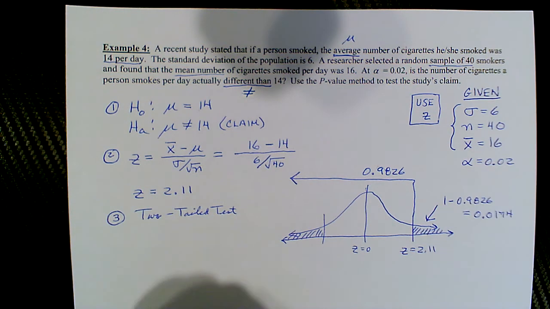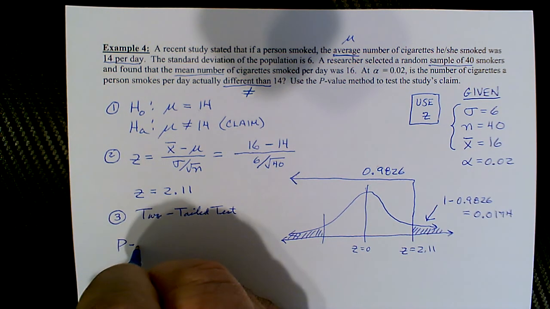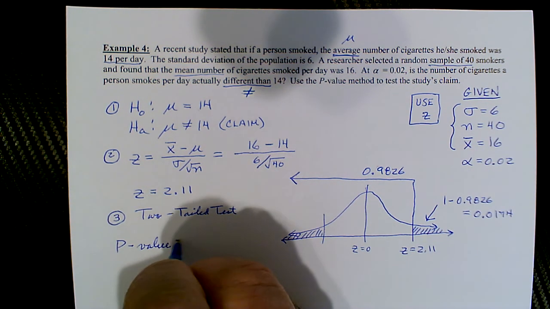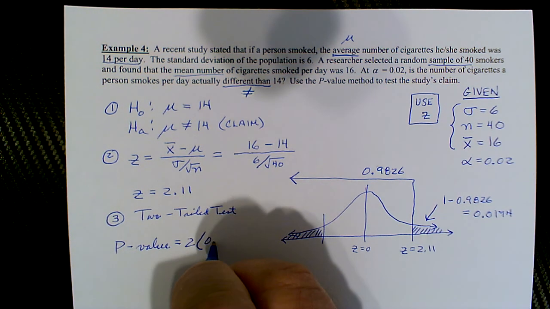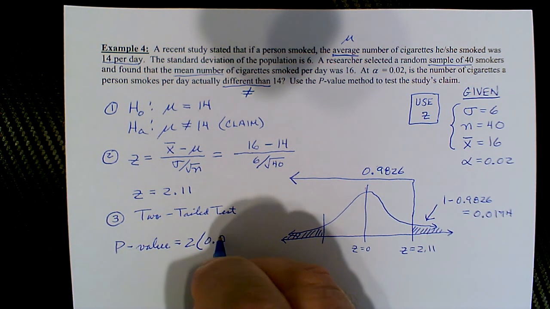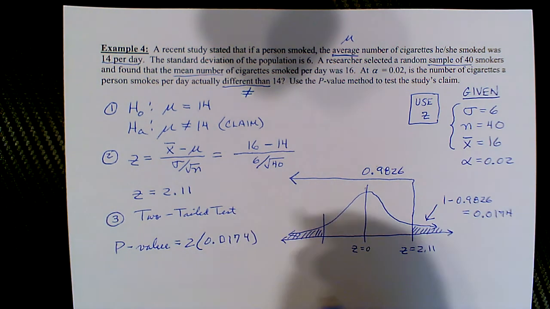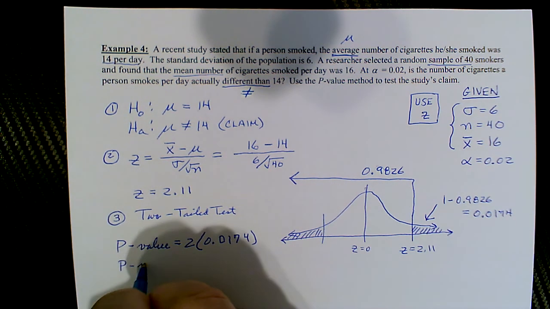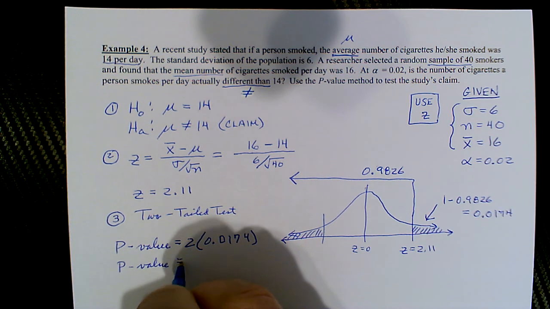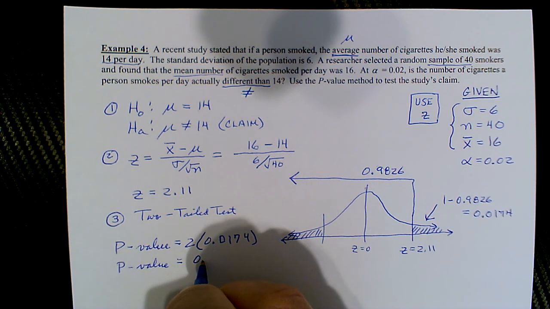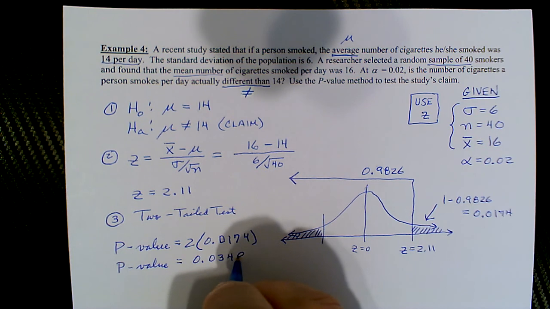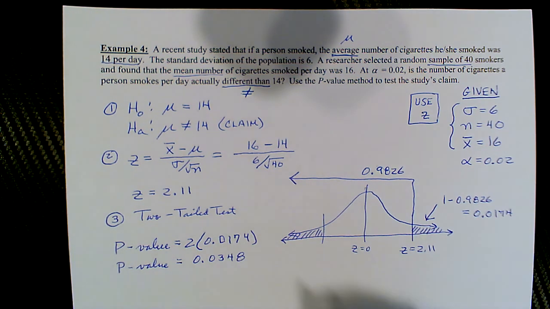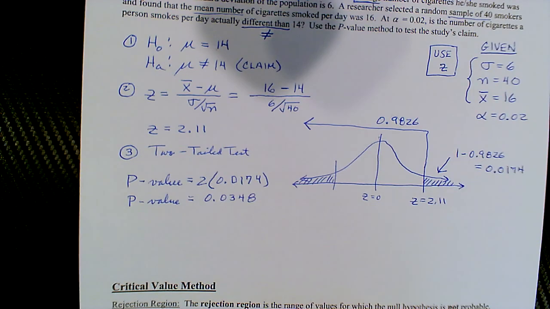So then our p-value, because it's two-tailed, is 2 times that area. So 2 times 0.0174. So our p-value is 0.0348. Alright, so now we're ready for a decision.